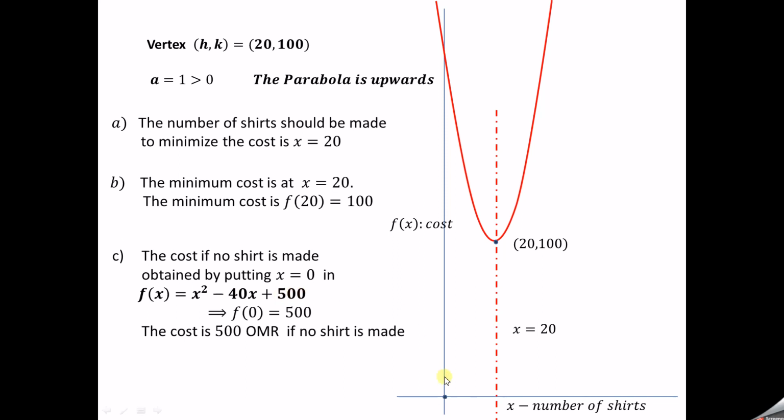So when no shirt is made, f(0), when x is 0, the cost will be 500.